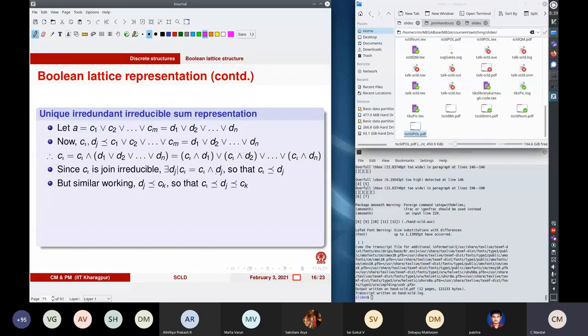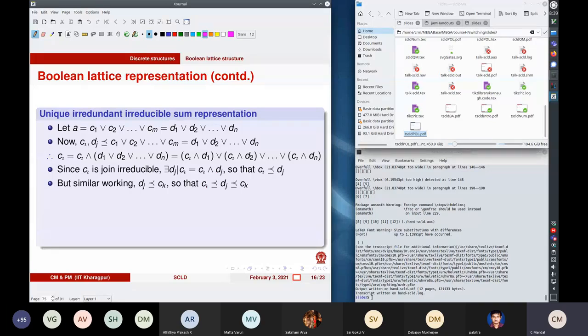If you carry out a similar exercise with Dj, then you will have a similar situation: there must be a Ck such that Dj is a predecessor of Ck. So you have this situation that Ci is a predecessor of Dj, which is a predecessor of Ck. But you have assumed that the sum is irredundant.